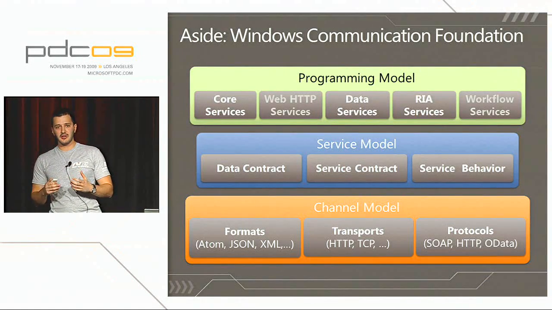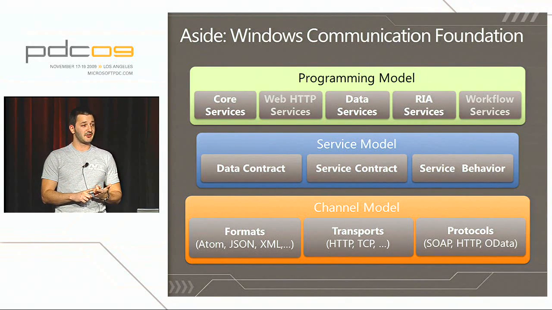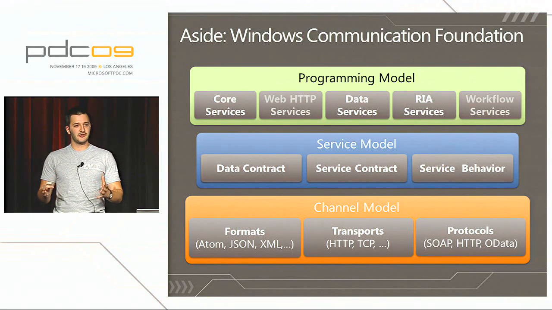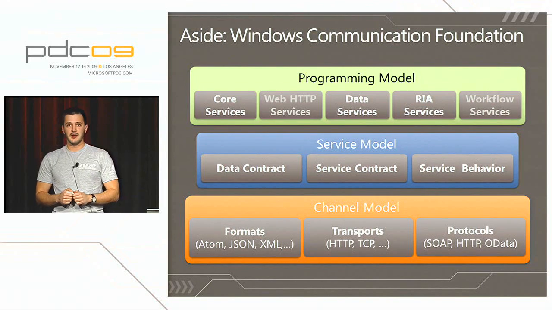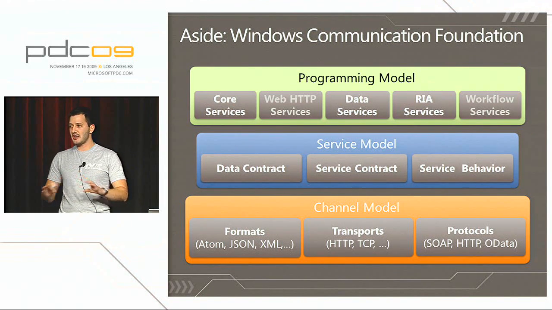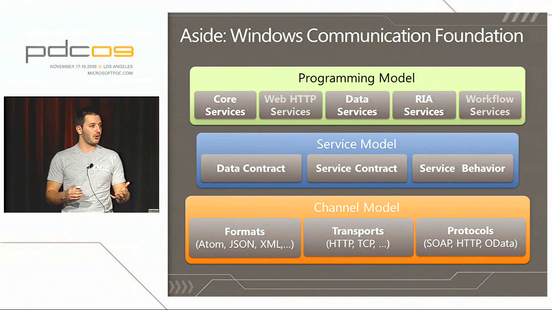Now, I've mentioned a couple of times already that we now have WCF, then we have WCF RIA services, and WCF data services. So this slide is to just emphasize the alignment between the different stacks. If you're a WCF developer, you're familiar with the bottom two levels. There's a channel model that takes care of things like formats, transports, and protocols.